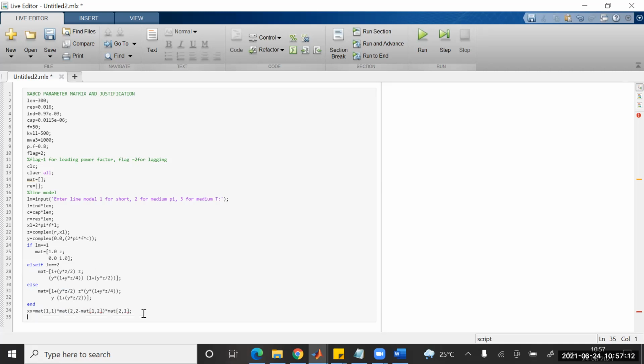Now what we have to find, we have to display the ABCD parameter that we just completed. So on finding this, there would be your ABCD constant.